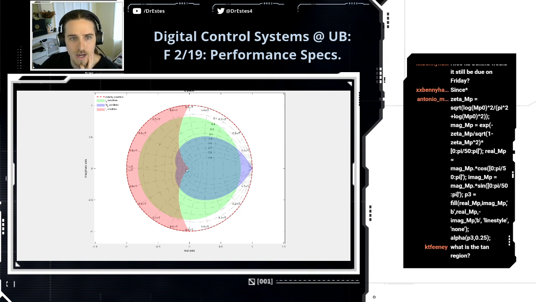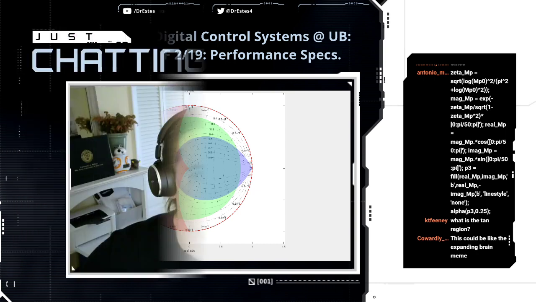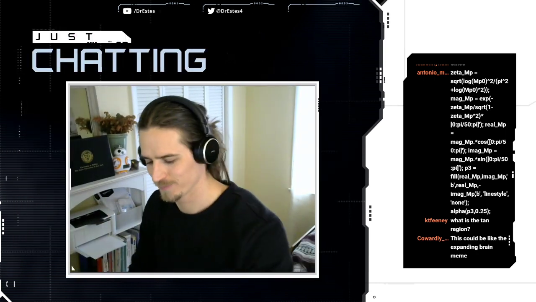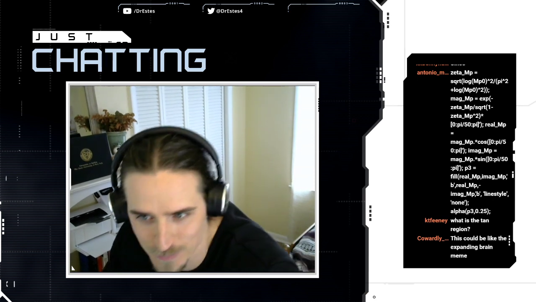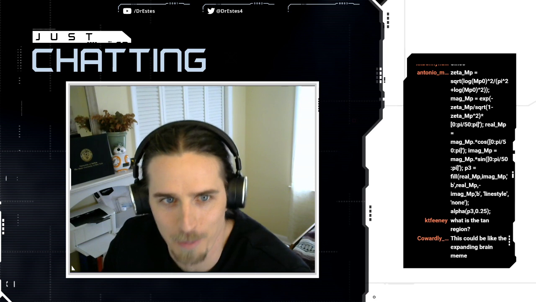And then this overlapping region is the only region that satisfies the overshoot, settling time, and rise time constraints simultaneously. So we'll finish that up Wednesday. This could be like the expanding brain meme.